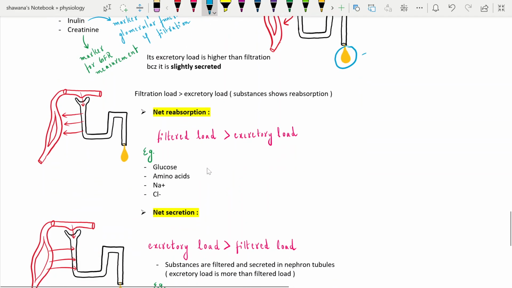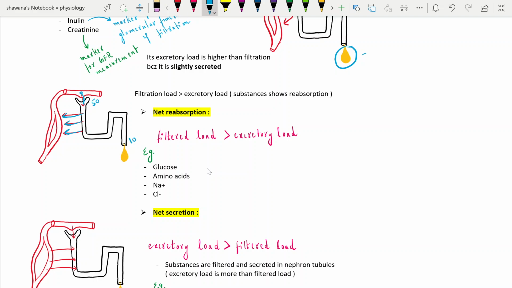The second group of substances are those that show net reabsorption. It means that the substance is filtered and then reabsorbed into the peritubular capillaries. For example, 50 units of substance are present in the filtrate, but we only get 10 in the urine because 40 has been reabsorbed.